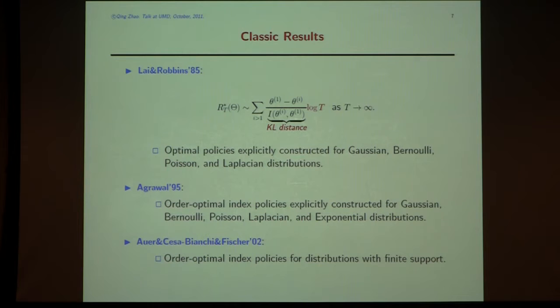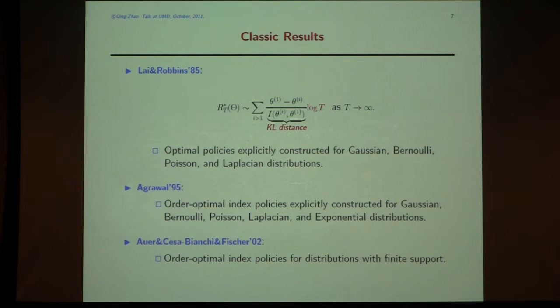So a more general policy is from a work by Auer in 2002. They construct a policy that works for any distributions with finite support, so the distribution takes values within a certain finite interval.